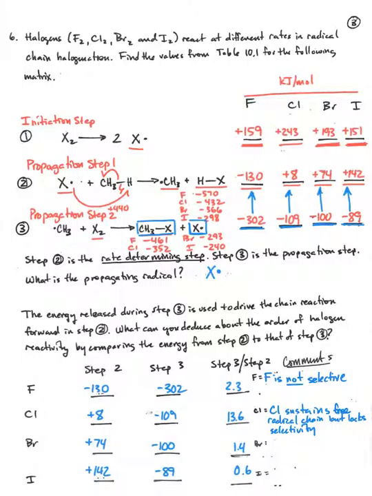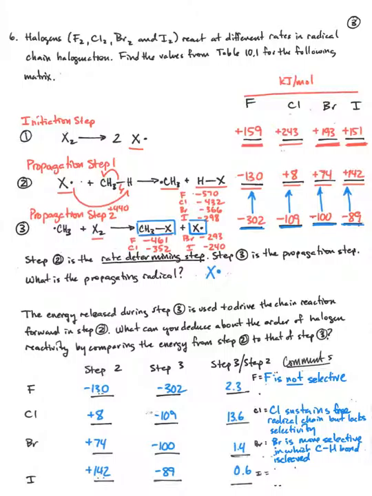So bromine is going to be more selective in which CH bond the bromine radical abstracts. So bromine is more selective in which CH bond is cleaved to form a carbon radical that then gets carried through to the second propagation step.